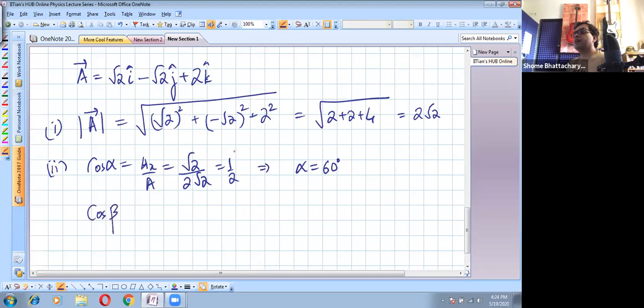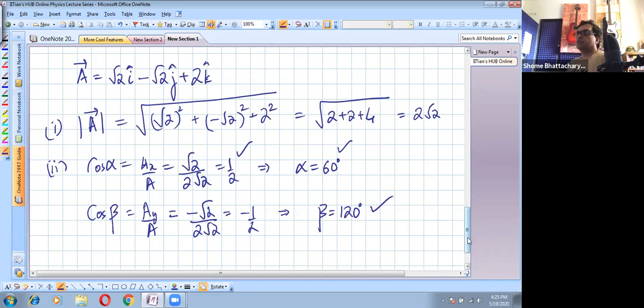So not only have I got the direction cosine, I've also got the value of that angle. So cos beta is simply ay by a, and that is nothing but minus root 2 divided by 2 root 2. So it is minus half. If cos beta is minus half, that means in this case beta is an obtuse angle and it is 120 degrees.